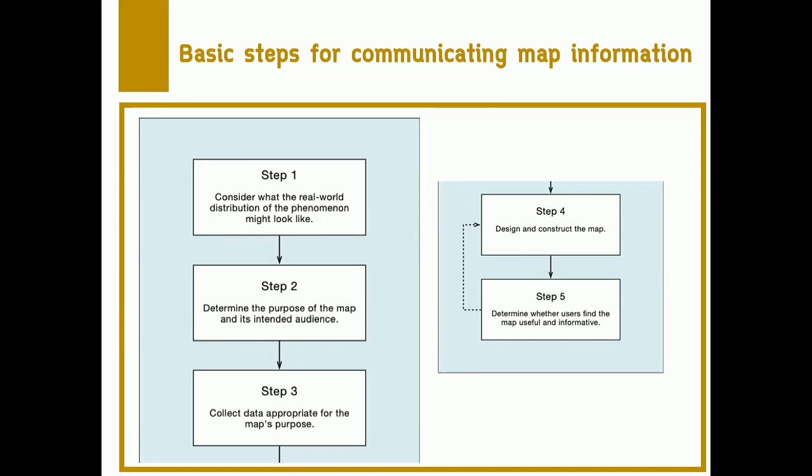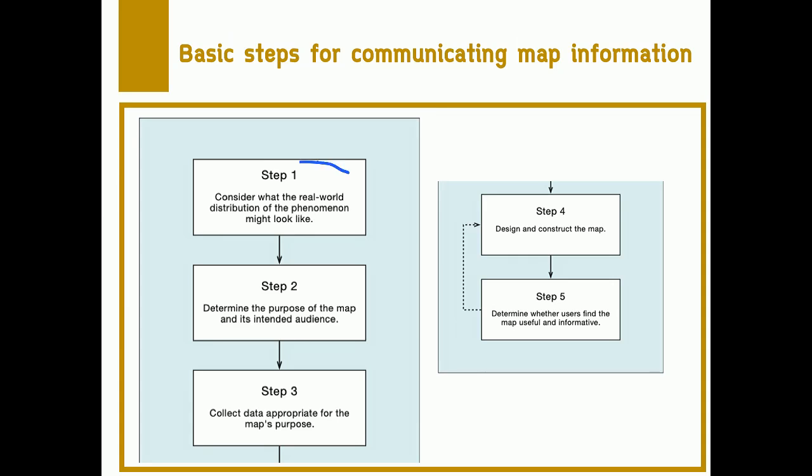For the basic steps to communicate map information in your mini project, you can follow this one as well, but you can put in some special analysis or some more ideas which relate to the technology or to your implementation insights. So we can start with the first one, which is to consider what the real-world distribution of the phenomenon might look like.